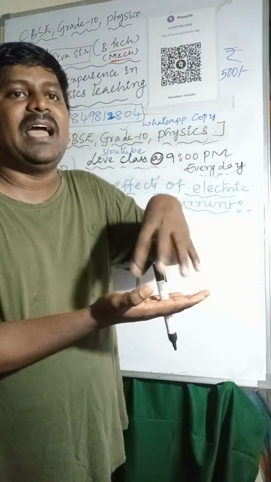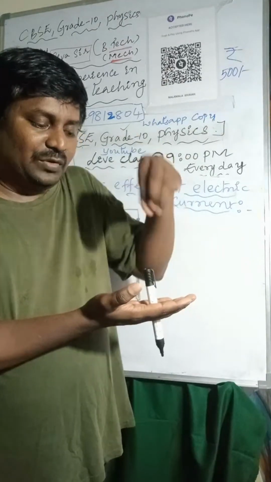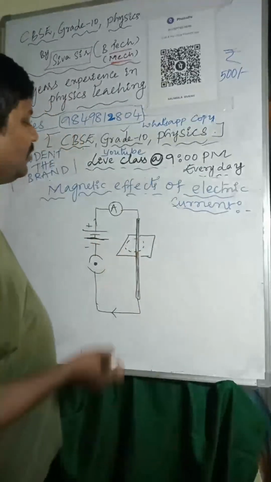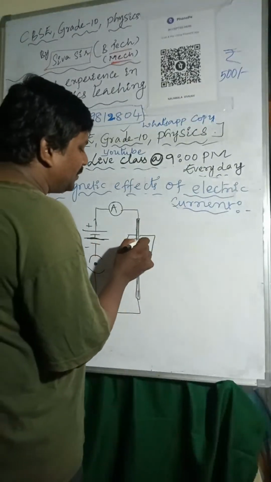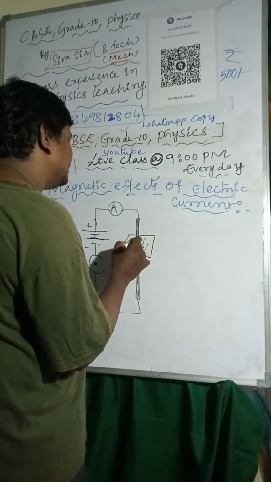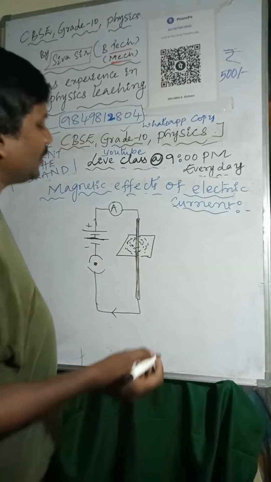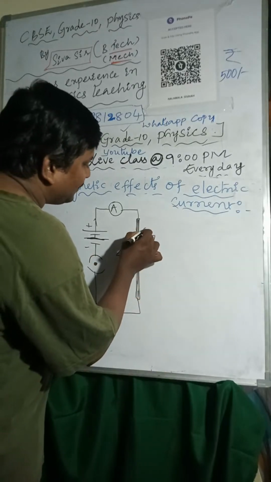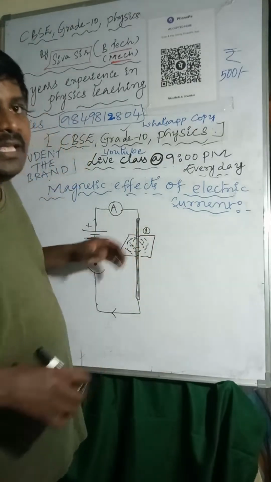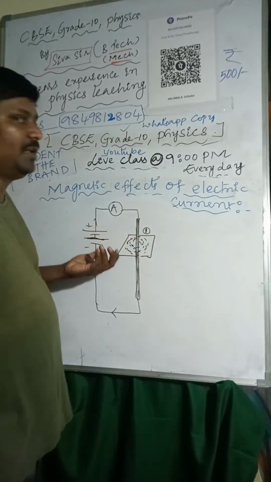If you sprinkle the iron particles over it around the conductor, the magnetic field will be produced around the conductor like this. By using a compass, if you place the compass here, the deflection can be observed.